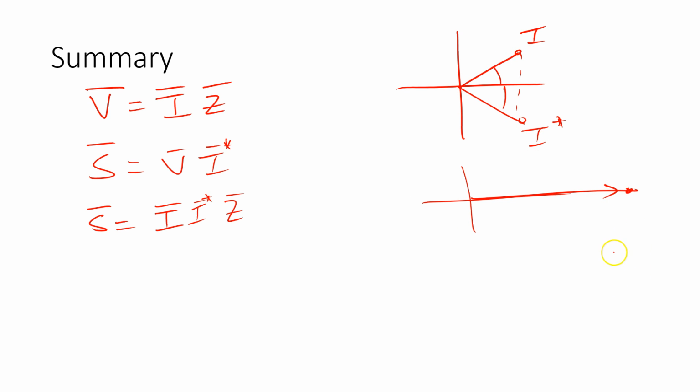So I would end up getting a vector of angle 0 and magnitude I squared. So S is equal to the magnitude of I squared by Z. Z is still a phasor component, still a complex value, so you would get the correct angle on S.